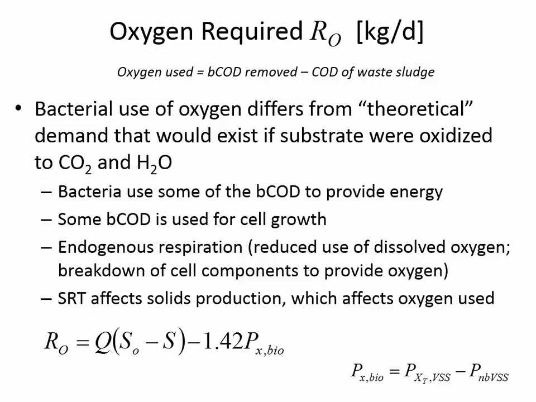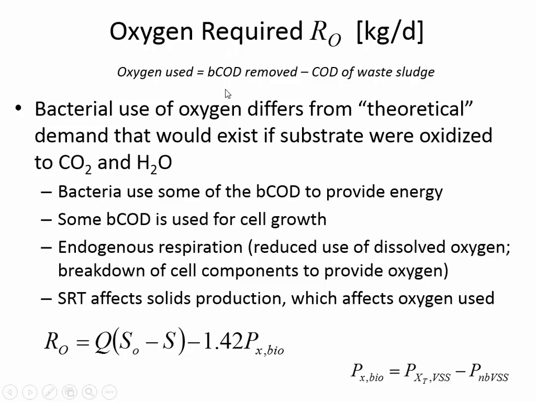In the homework, you had a problem like this, and we did, was it an in-class exercise or the example, where we also had the demand in minus the demand out, the difference between the two being the oxygen demand. Well, that's the same thing here. The amount of oxygen demand inside the aeration basin is going to be the removed amount of BCOD.